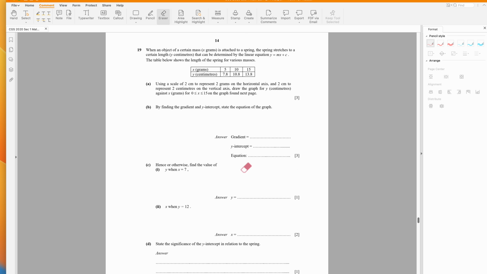Did you follow the scale or not? 2 cm on the horizontal axis, 2 cm to 2 centimeter. You give 2.8 for what? 2 cm to 2 point. Oh. So okay, let's say they ask you, that means they give you the scale. Let's say you never follow, 3 marks gone.